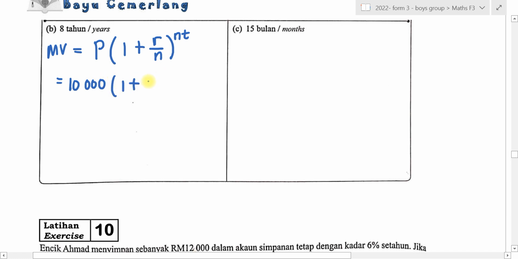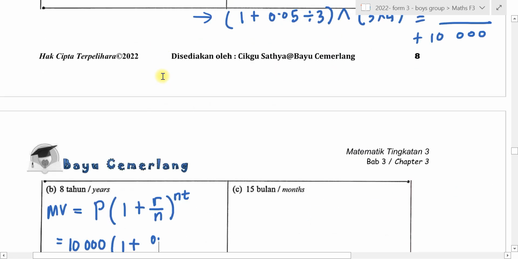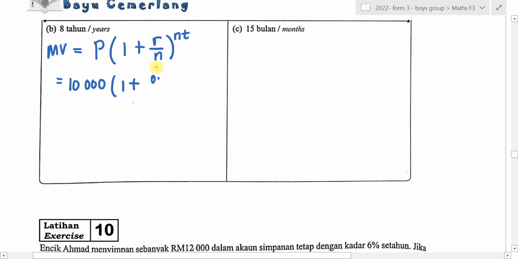So the principal was 10,000. 1 plus, the interest rate was 5%, right? 5%, yeah. And it is 3 times a year. So 3 times what? The time is 8 years, right? Times 8. Okay, tell me the answer.